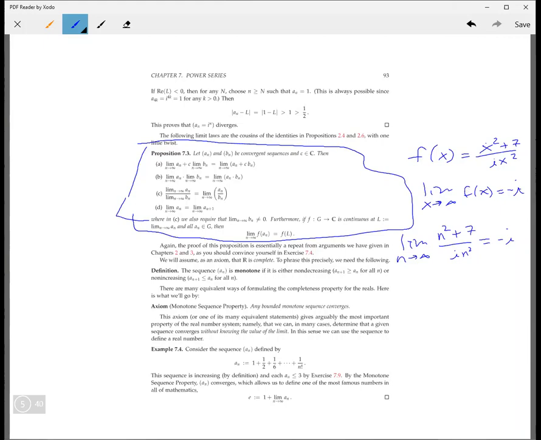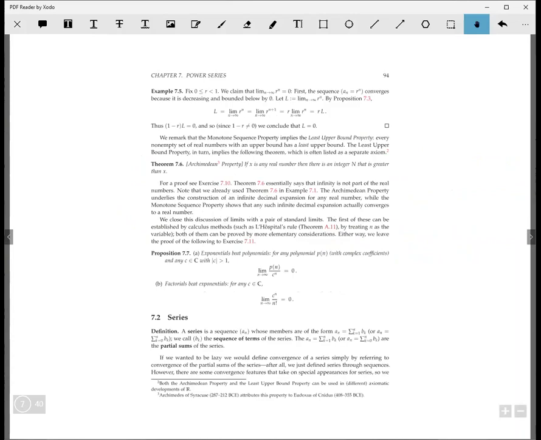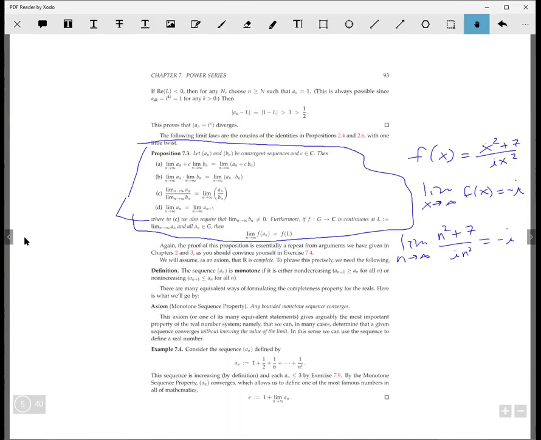Okay, let's see here. Also, any bounded monotone sequence is convergent.